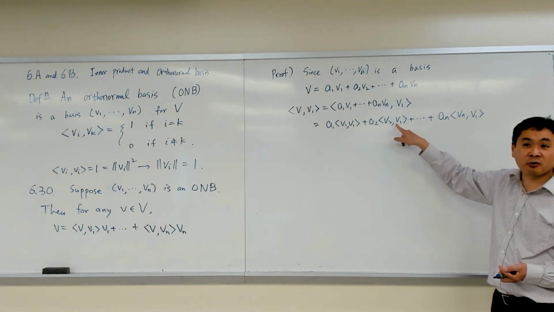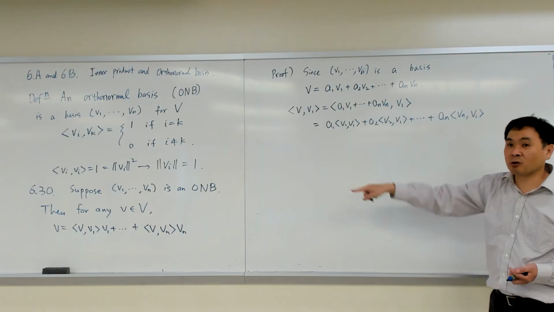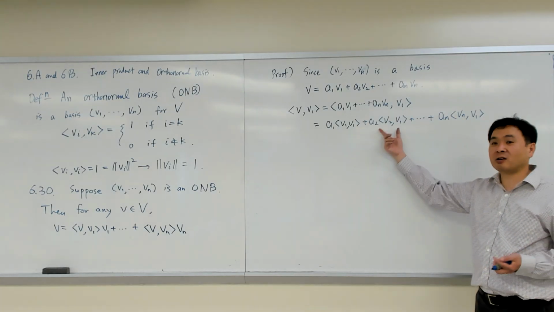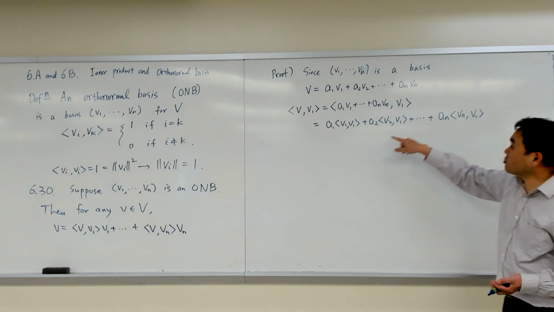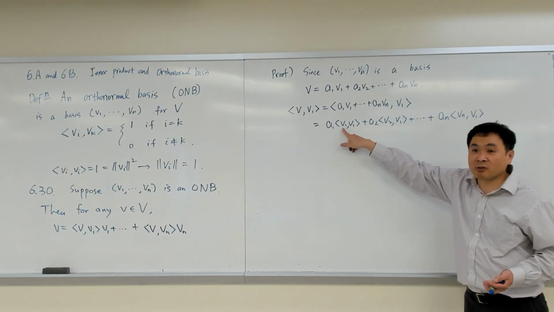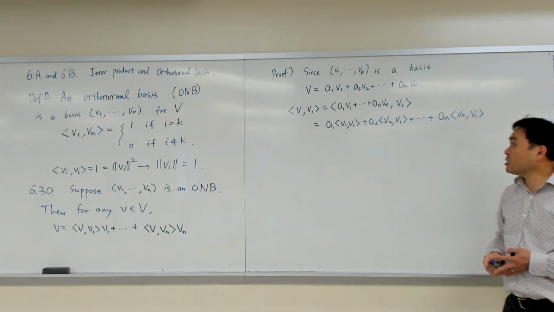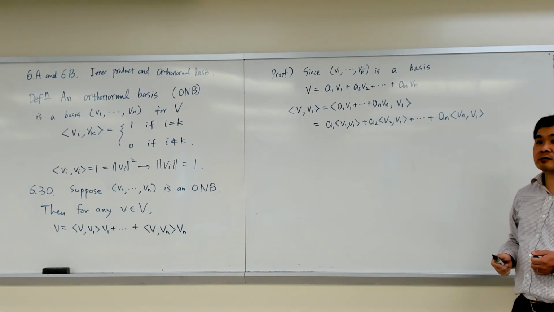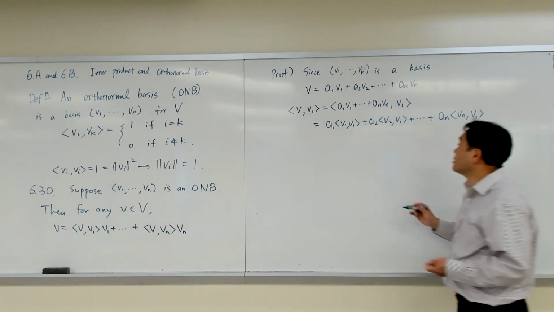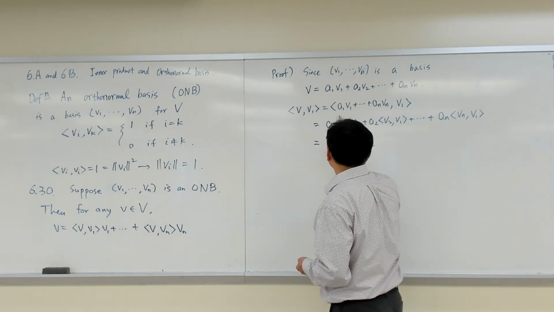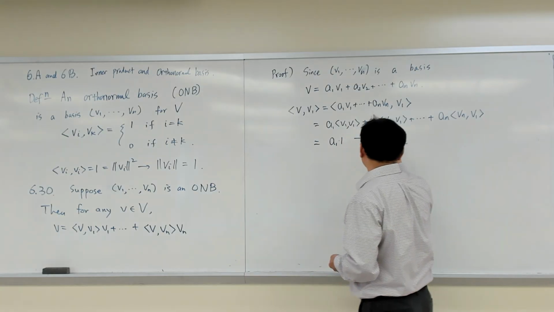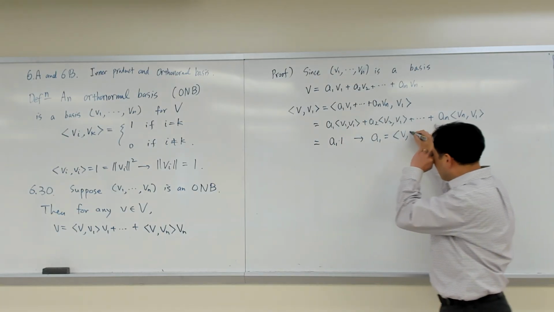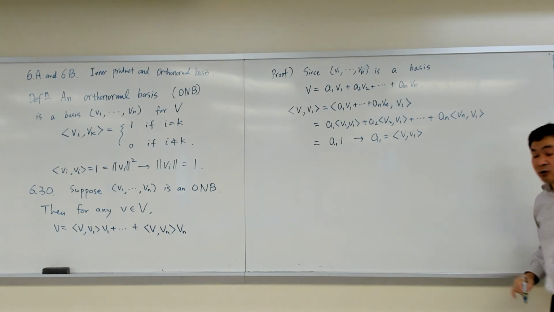If you have two different vectors in an orthonormal basis, they are orthogonal, so 0. Okay, so 0, 0, every one of them will be 0 except this guy when you have V1 and V1. If you have V1 and V1, what's that? 1, right? So you end up with A1 times 1. Oh, so that means A1 is equal to the inner product of V and V1.